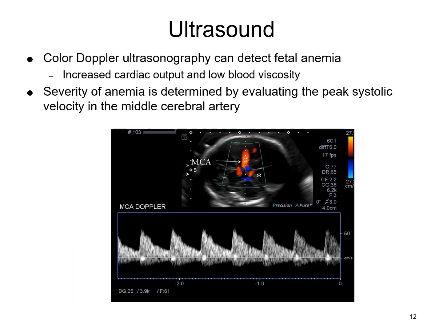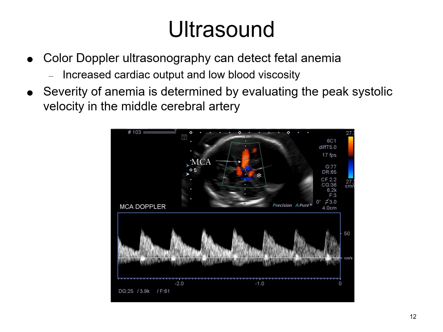Now, based off of this testing, there are several procedures that can be done to monitor things. One of those is an ultrasound. They can use the color Doppler ultrasound to detect any sort of fetal anemia. What they're looking for is increased cardiac output and low blood viscosity in that infant.